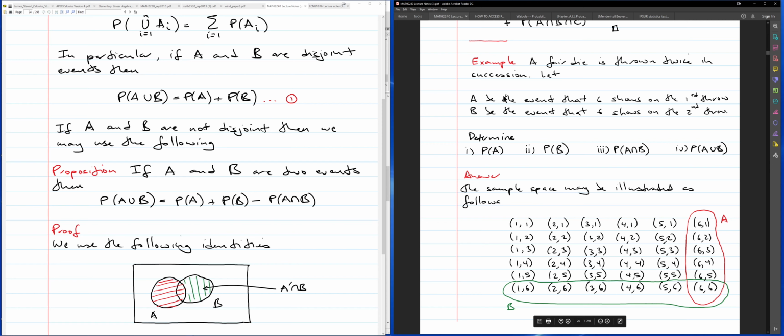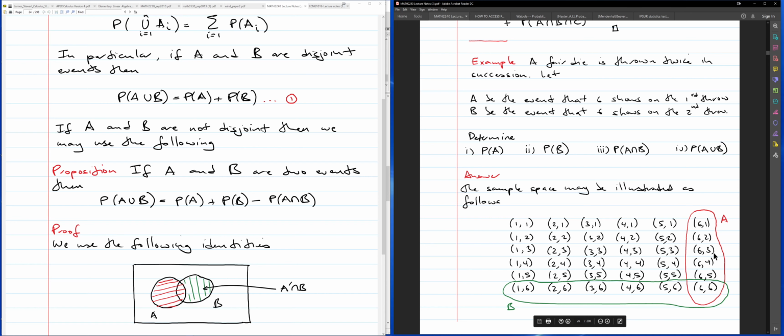Okay, and what we have is the event of a 6 showing on the first throw. So you see over here what A is: A consists of those outcomes that are in your red shape over here.